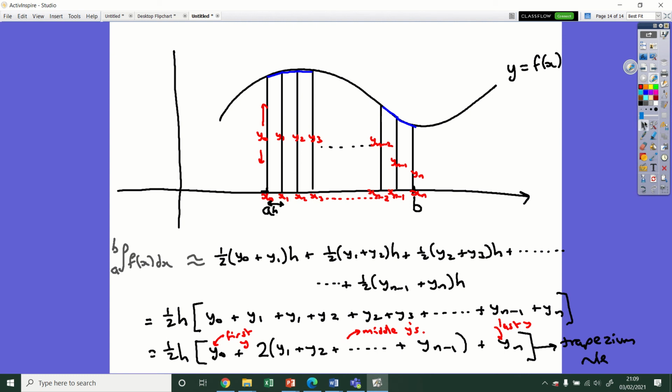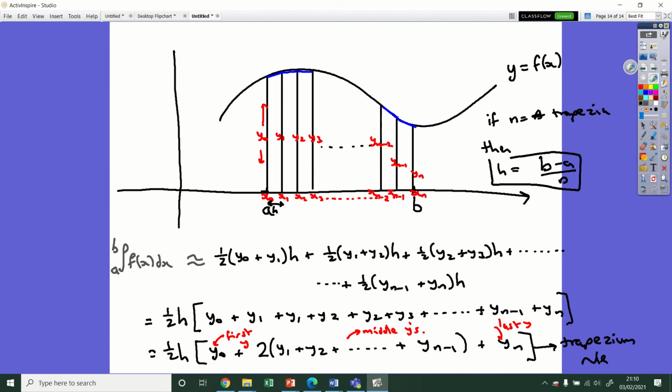Okay, fantastic. Last thing I want to notice is that we can work out the value of h quite nicely. If we know the number of strips and we know the values of a and b, we can do a calculation to work out h. Then h is the difference between a and b, divided by the number of strips, which is n.